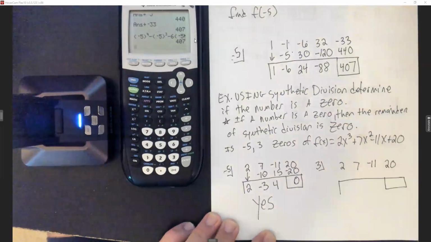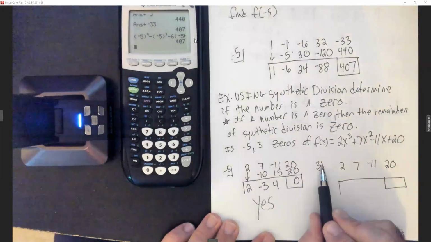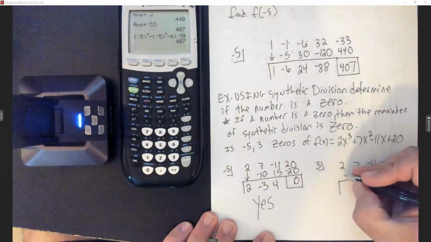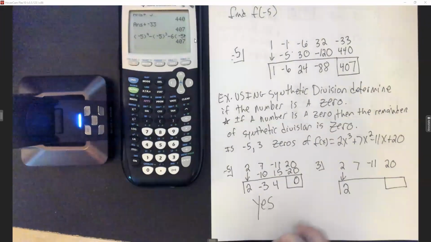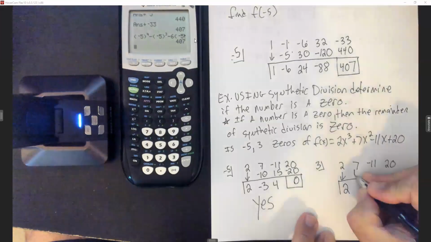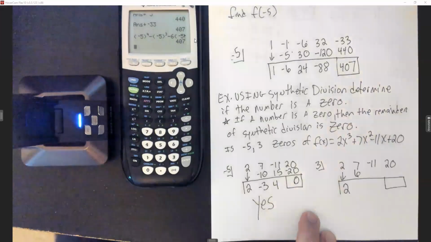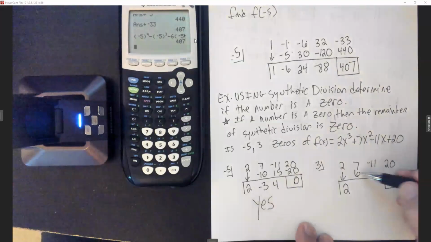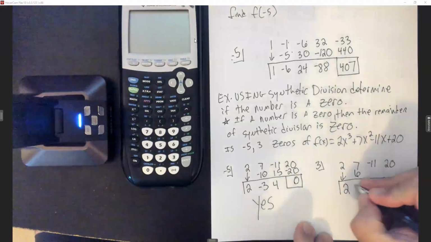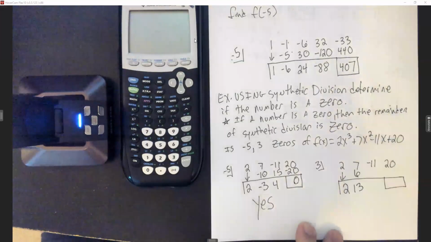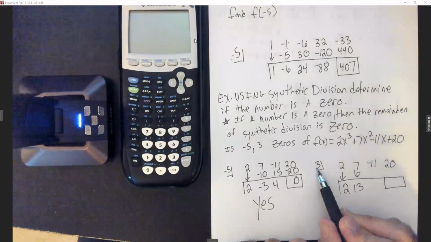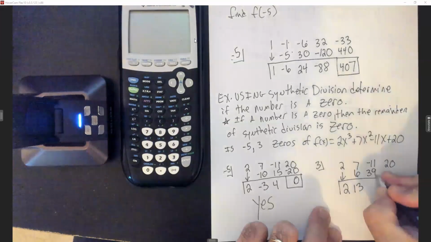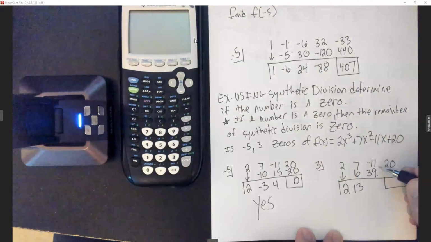All right, so we got to run the 3 this time. So the first step again is to bring down that 2. Then you're going to do 2 times 3 is 6. Add 7 plus 6, so what's that, 13? Multiply the 13 times the 3, which is 39. 39 plus a -11 is a +28.